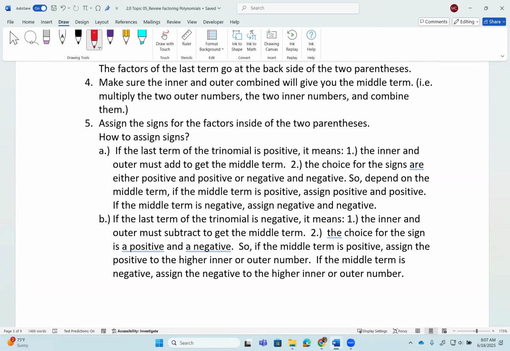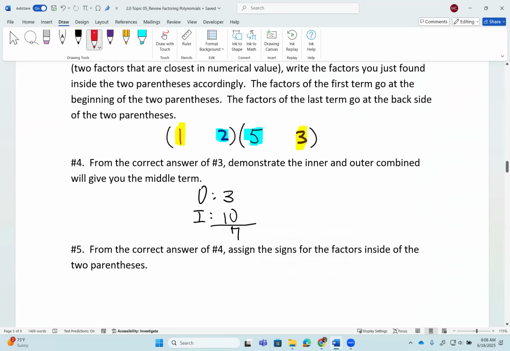If the last term in the trinomial is positive, that's not what I got. I got negative. So part B: if the last term of the trinomial is negative, it means the inner and the outer must subtract to get to the middle term. And the choice for the signs inside the 2 parentheses should be a positive and a negative. So it all depends on the middle term.